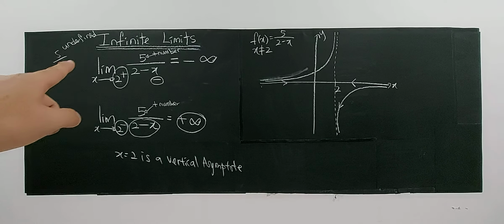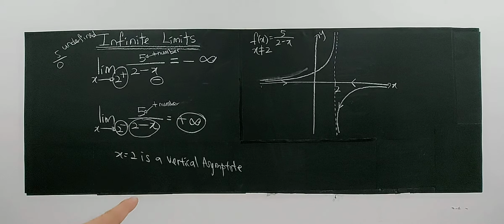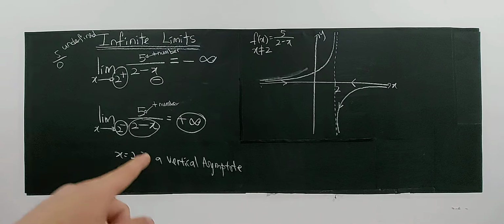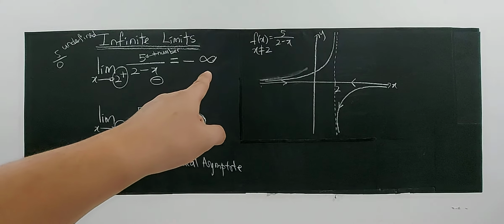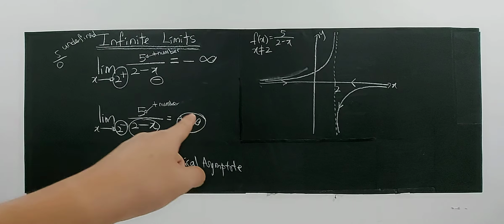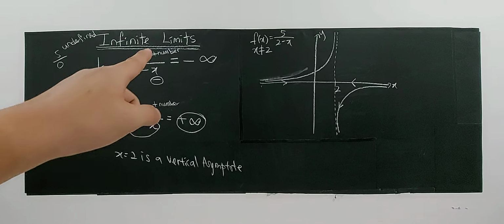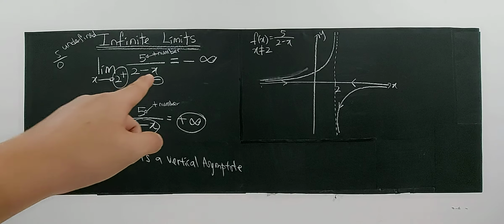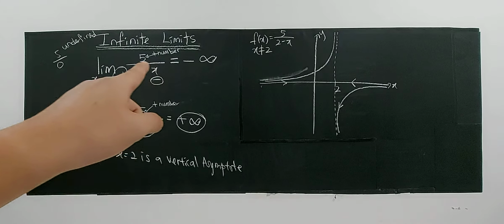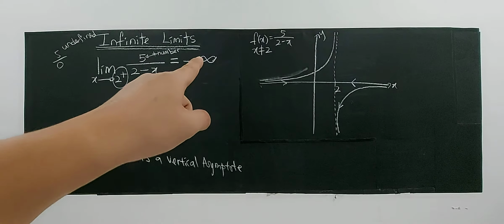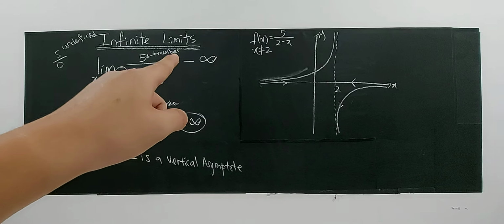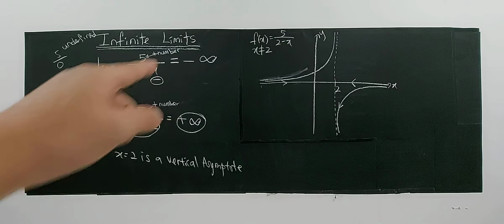It's undefined. For this type of case, we get a vertical asymptote, because the limit is infinity. So when you see a limit with a value on top and direct substitution gives 0 in the denominator, it must be infinity. We just need to identify whether it is negative or positive.